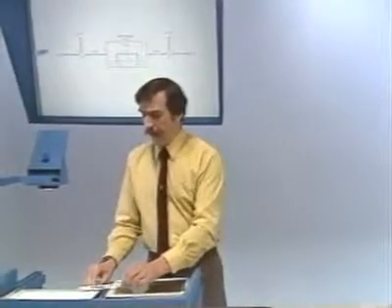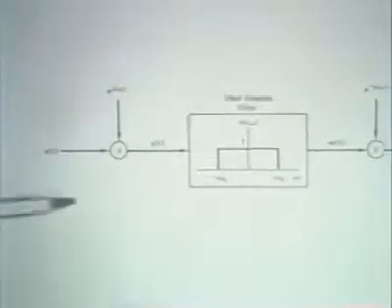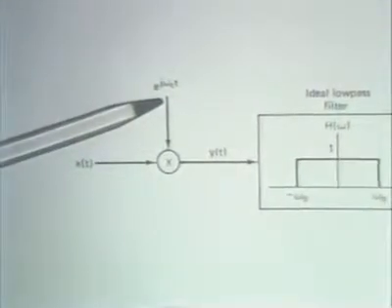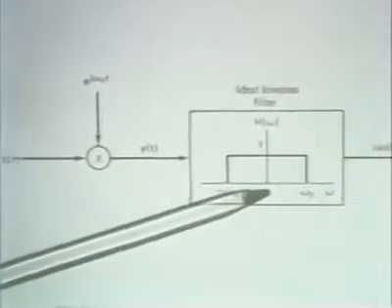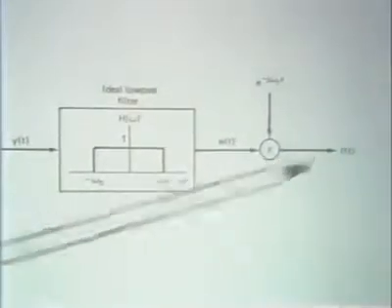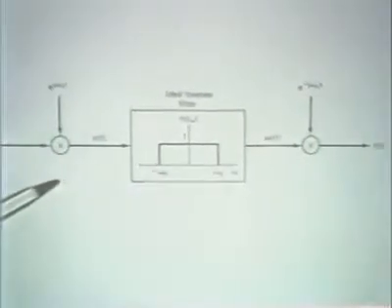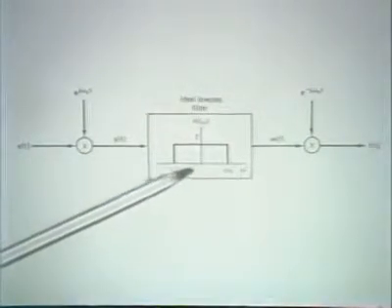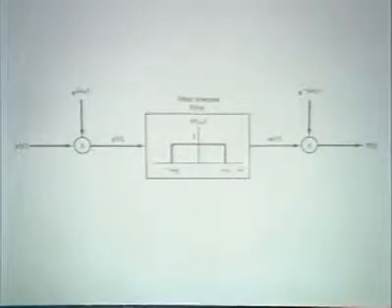Suppose that we have a signal, x of t, and we modulate it with a complex exponential carrier with a carrier frequency omega c. And the output of that is then processed with a low-pass filter, and then we demodulate the result. Then, in fact, what we've done is to take the spectrum of the input signal, shift it, pull out what is now around low frequencies, and then shift that part of the spectrum back to where it belongs.